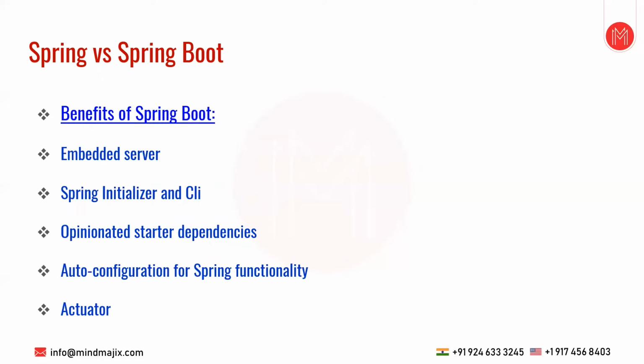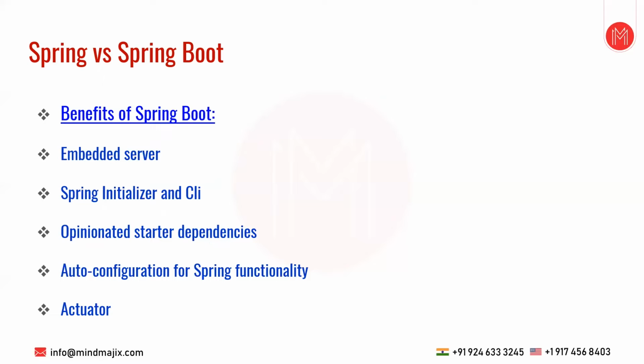But what are the differences? I mean, what are the features in Spring Boot? When it comes to Spring, you need to worry about the server. In case you want to execute a Spring application, then you need to arrange some external server. But when it comes to Spring Boot, you need not bother about any external server.